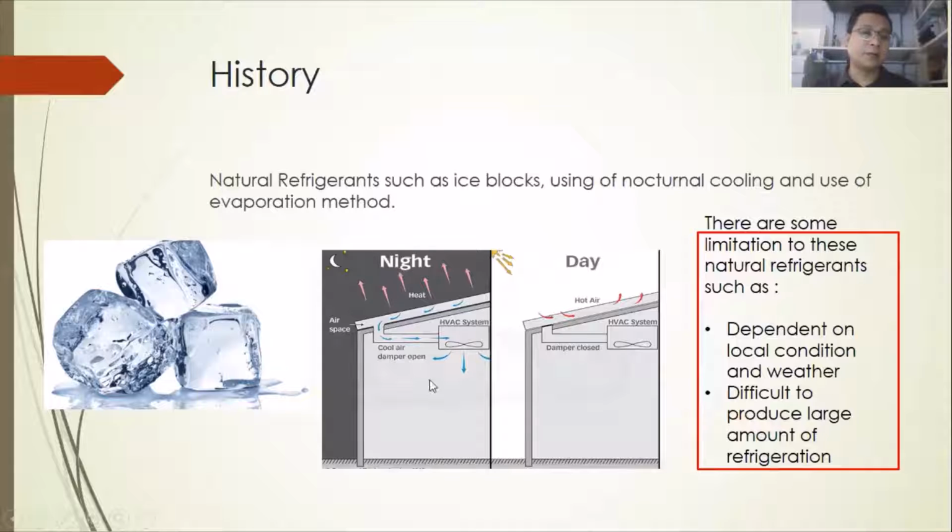If we compare night and day, it is extremely different, because on a sunny day it is difficult to get a low temperature. This is already replaced in some refrigerator systems, but for chillers we can still use natural refrigeration.